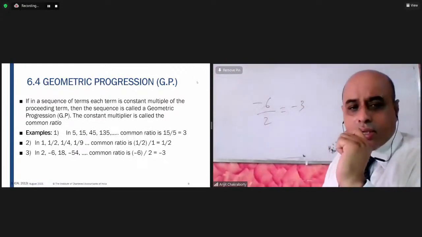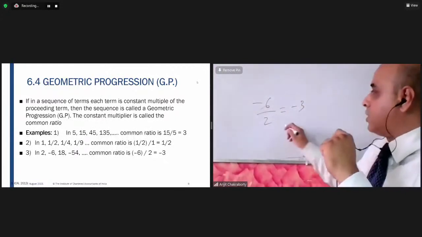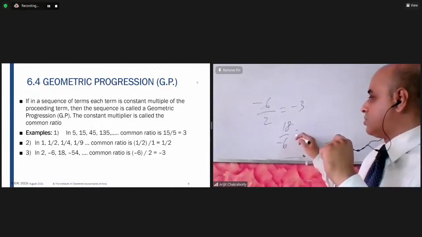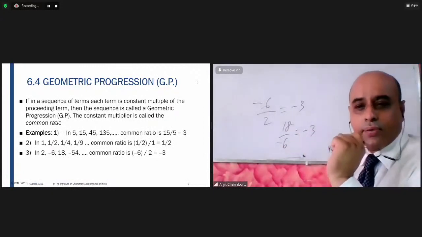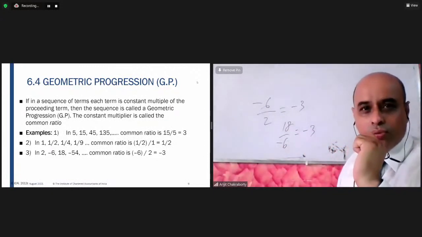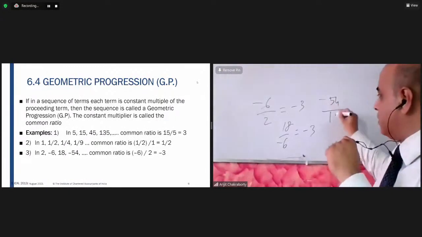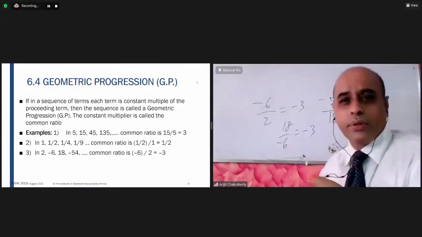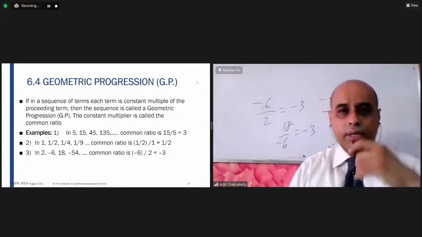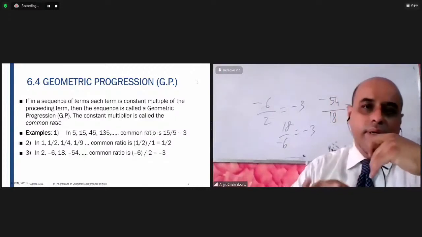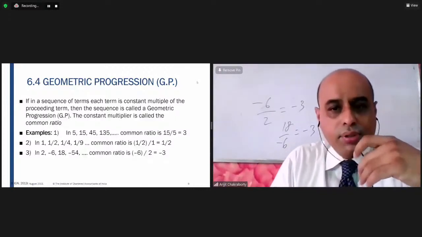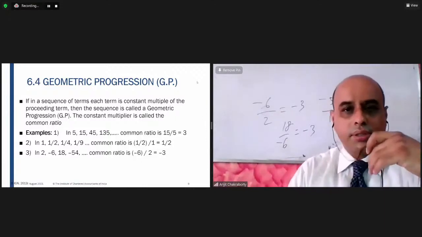Let us take randomly 18 by minus 6, which also gives you minus 3. And minus 54, which is term number 4, divided by 18, also gives minus 3. So absolutely correct that it has the same CR, which is common ratio, and therefore it is a GP.